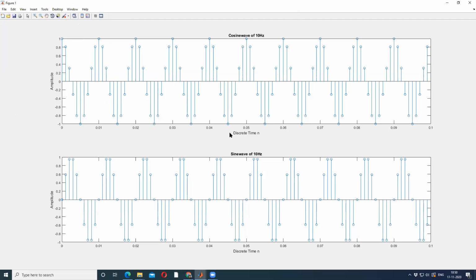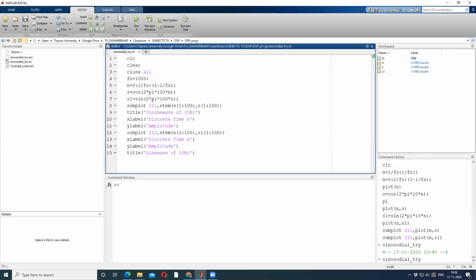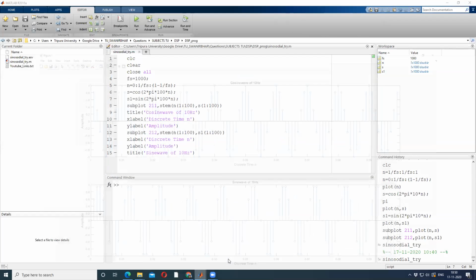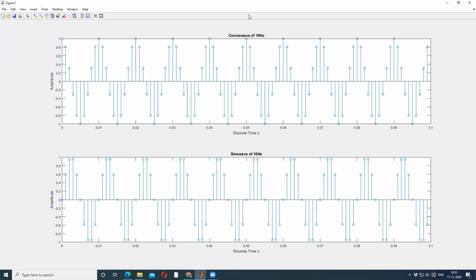When you are having 100 hertz, how many cycles do you have here? 1, 2, 3, 4, 5, 6, 7, 8, 9, 10. So we have 10 cycles here and 10 cycles here, in the same 1000 points, because 100 is to 1000 as 10 cycles is to 100 points. Let me bring in the annotation.